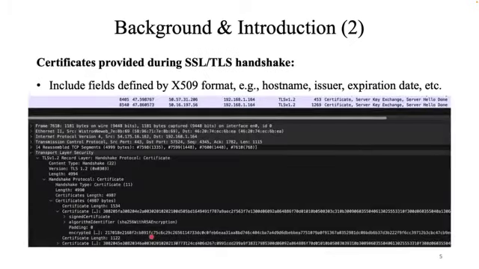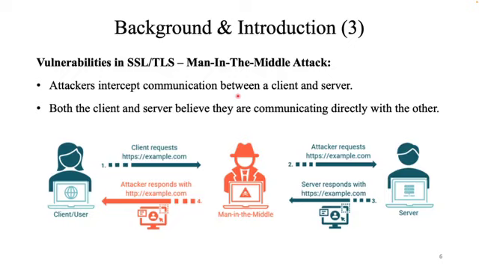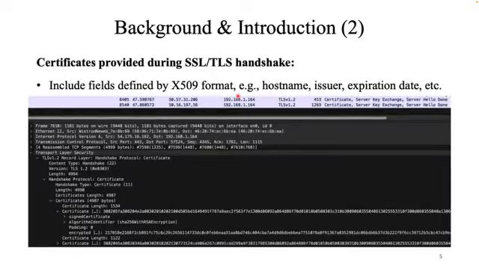Okay, so here is a screenshot of one of the handshake messages, where you can see some certificates being transmitted, and they all follow the X509 format in this case. So you can see there will be hostname, issuer, expiration date, and etc.